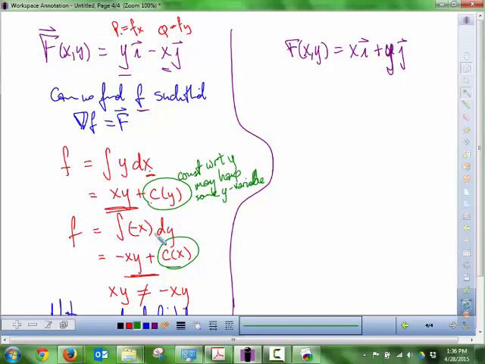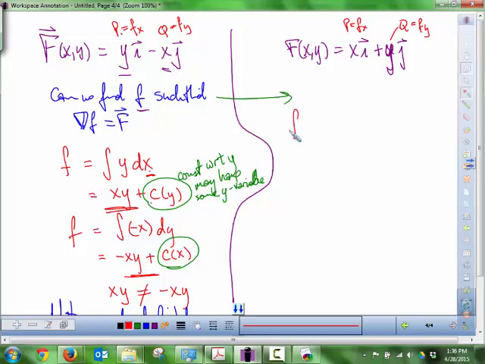All right, now we'll ask the same question. Can we find some function f that will give us this as a gradient? So let's go through the same steps. We'll assign the first component as if it was p, which is the derivative of our original function that we're looking for, if it exists, with respect to x, and this is q, which is the derivative of the original function with respect to y.